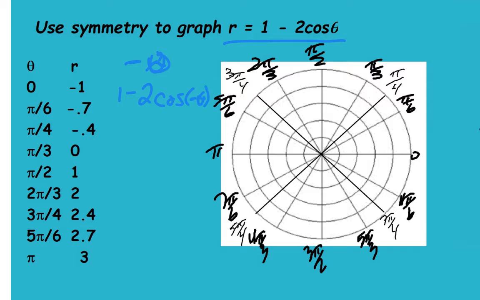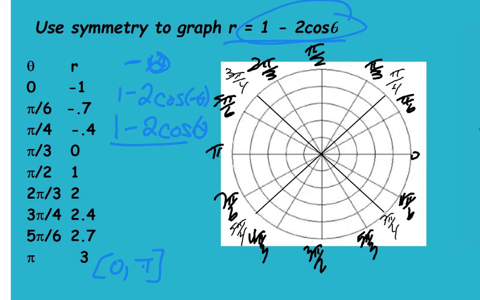And with our even and odd functions, cosine, if I plug in a negative, it's going to give me back out just a positive. So this one, since it gave me back out the same r, it's going to be symmetrical with respect to the polar axis. So I only need to graph from 0 to pi, that interval, because it's going to be symmetrical with respect to that.